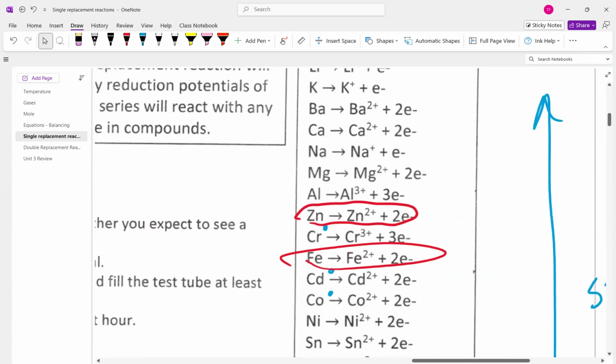So the first thing to do in our reaction is to find iron and silver.